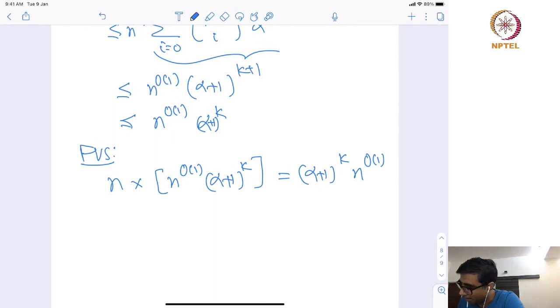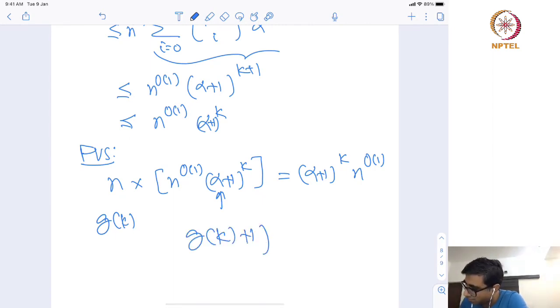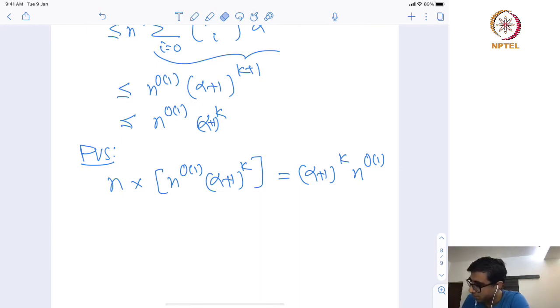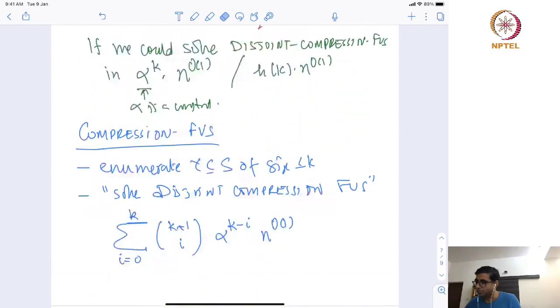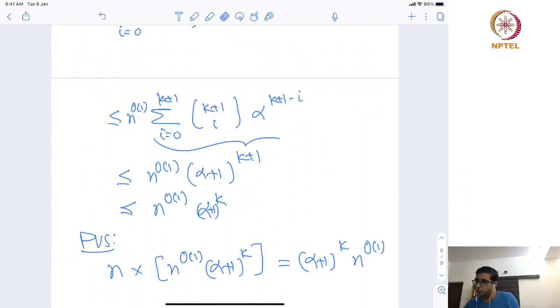Similarly, if alpha were not a fixed constant but some function g of k, nothing would change. I have not done the computation, but check for yourself. You can also write some h of k, but that's beside the point.